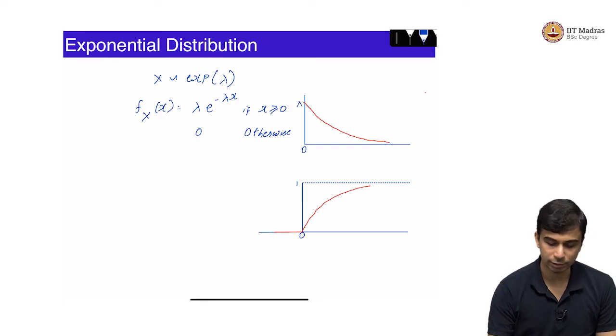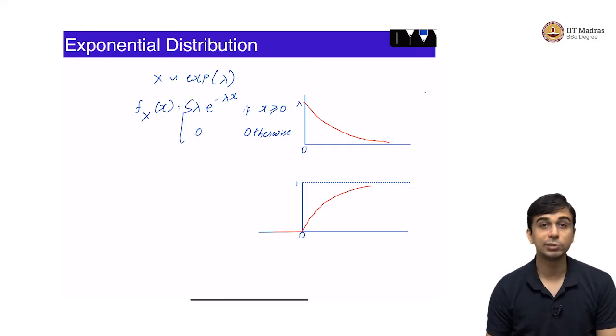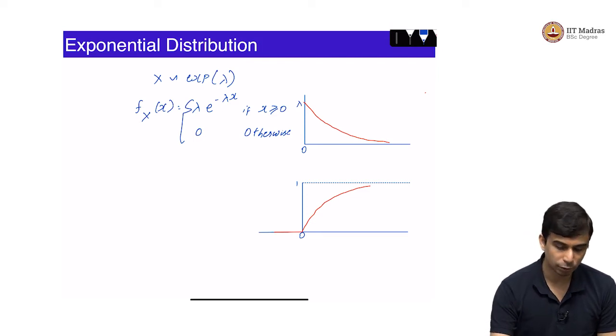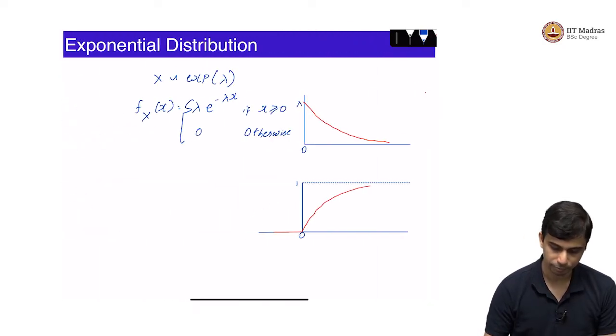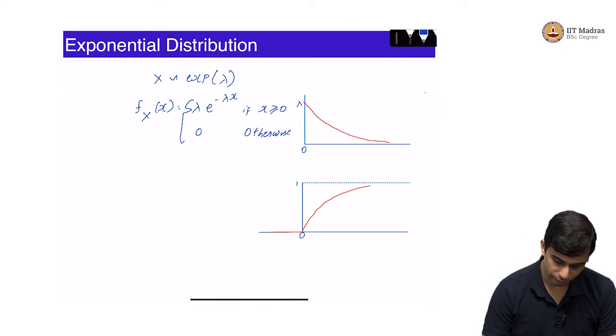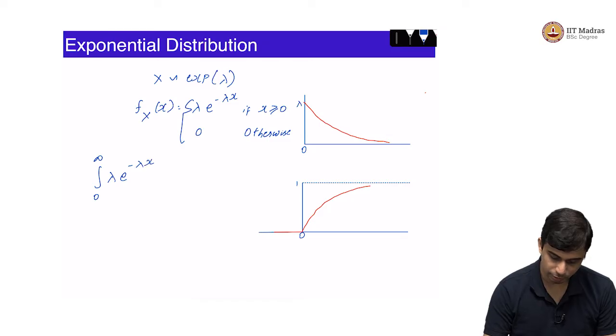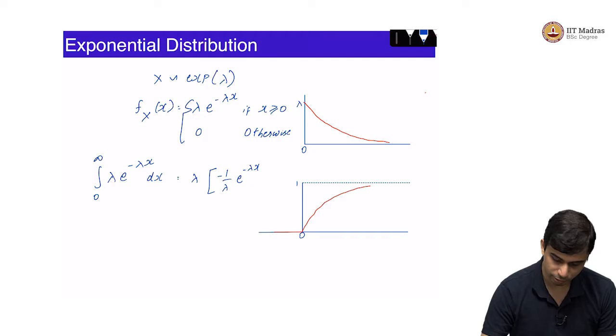The first question you should ask for such a definition is whether it is a valid density at all. For this to be a valid density, this must integrate to 1. Is that true? Let us do a quick check. The integral from 0 to infinity of lambda e power minus lambda x dx is lambda times minus 1 by lambda e power minus lambda x within the range 0 to infinity.